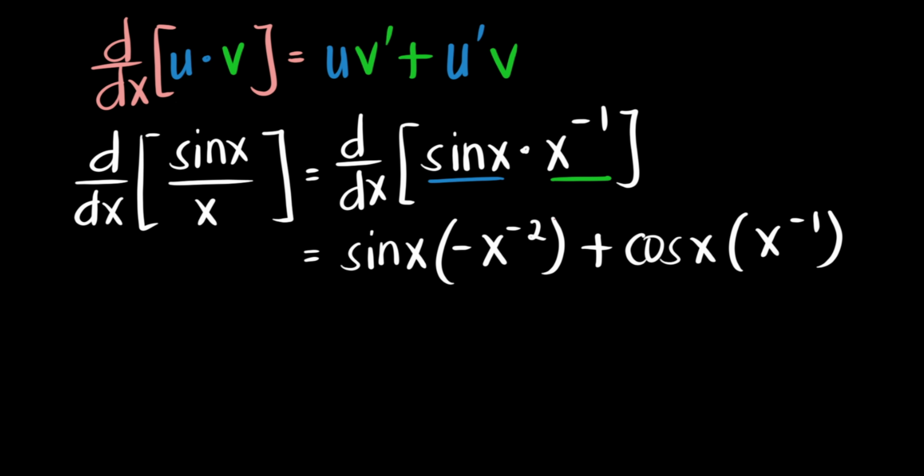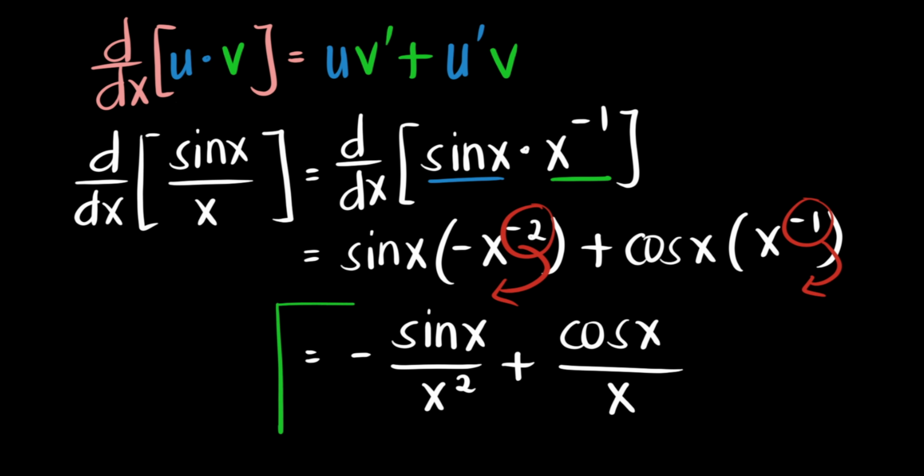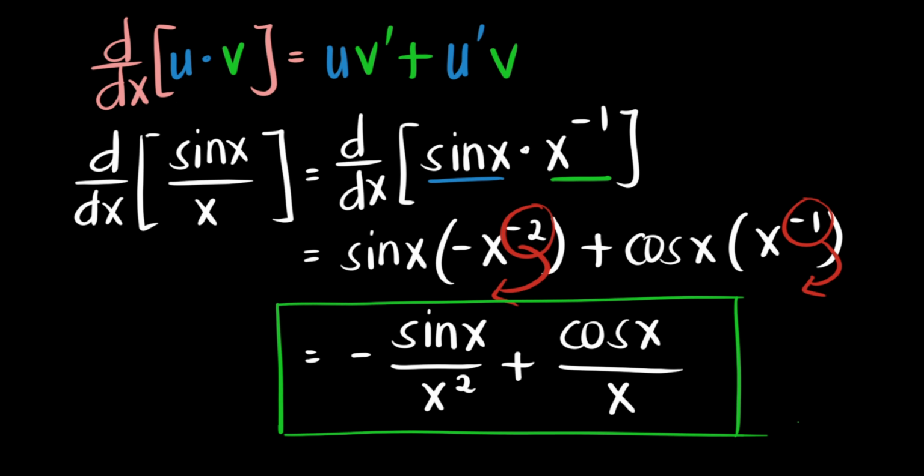We need to get rid of the negative exponents here and here by moving them to the bottom. We get negative sin x divided by x squared plus cosine x divided by x. And this is the final answer.